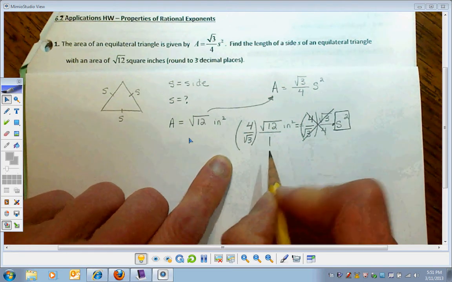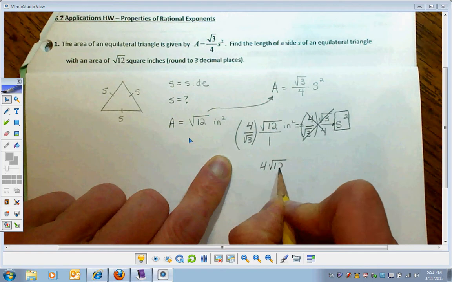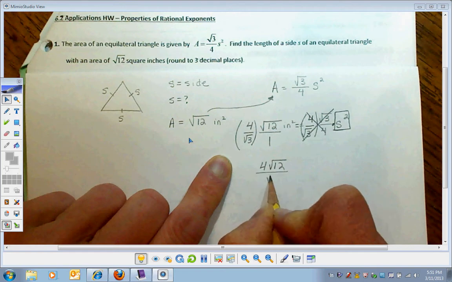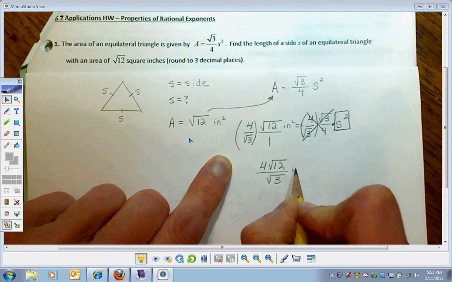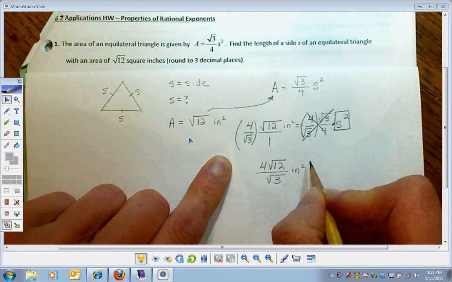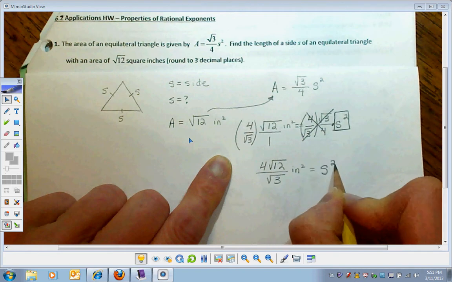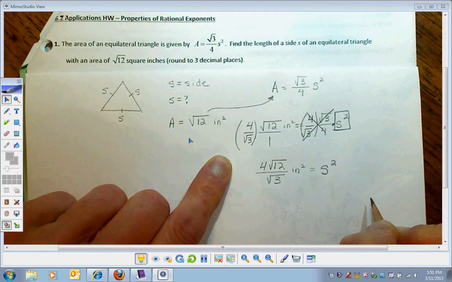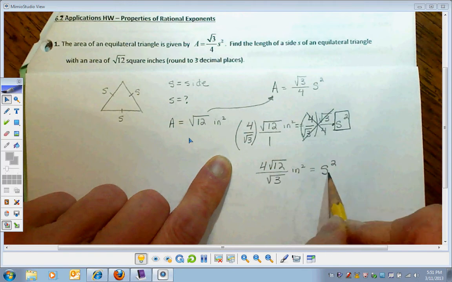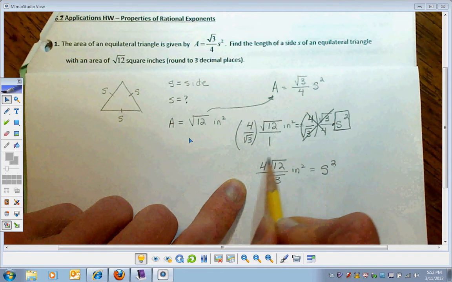So now I'm left with 4 square root of 12 over the square root of 3, and I'm just bringing my units along for fun, equals my side squared. Okay, so we all know in order to get my s by itself, I'm going to have to take the square root to get rid of that. But before I do that, let's clean this up.